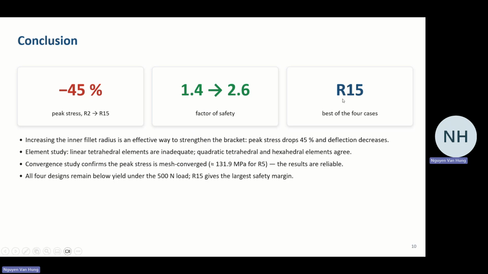Two supporting points. The element studies showed that the linear tetrahedron is not acceptable here, while the quadratic tetrahedron and the hexahedron elements agree. The convergence study confirmed the stress is mesh converged, so the numbers are trustworthy.